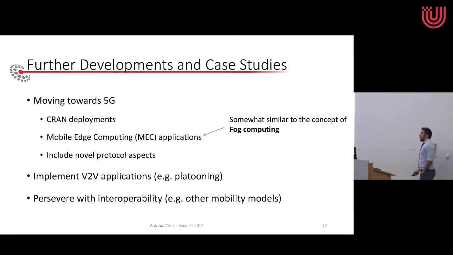What are we doing right now? We are still developing the simulator, moving towards the 5th generation of cellular communication. We are thinking about something called cloud RAN deployments.